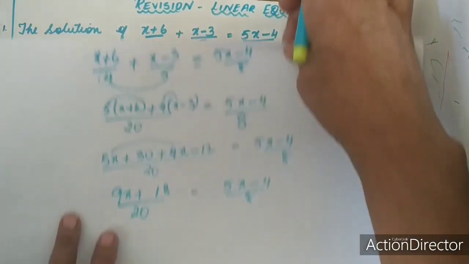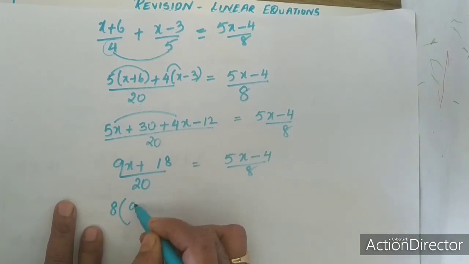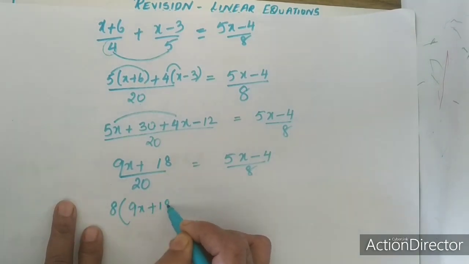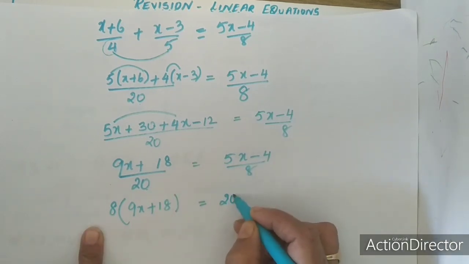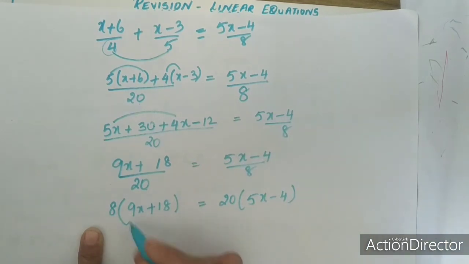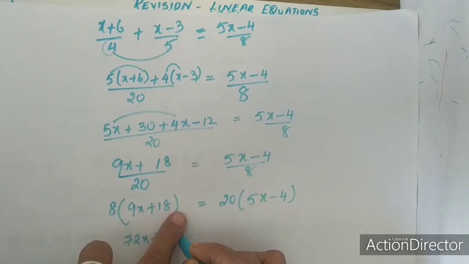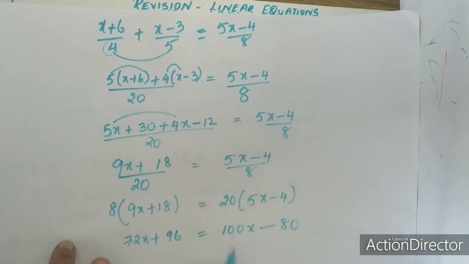Now we can cross multiply. 8 multiplied by (9x plus 18) is equal to 20 multiplied by (5x minus 4). 8 9s are 72x plus 144 is equal to 100x minus 80.